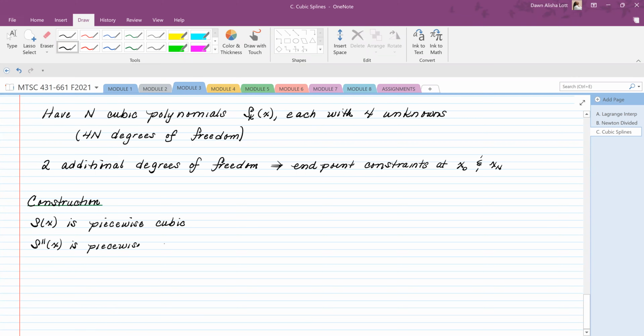The second derivative is piecewise linear, the first derivative is a piecewise quadratic, and then the function itself is a piecewise cubic.